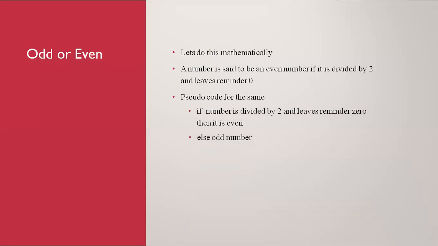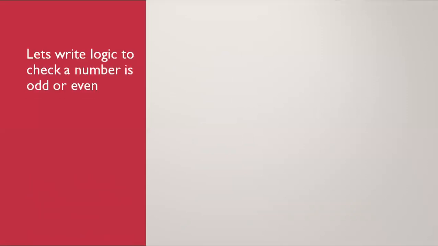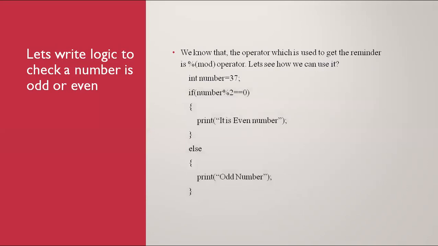Let us get into how we're gonna write a program for this. Let's write the logic to check whether a given number is an even number or an odd number. We all know that if you want to find a remainder after integer division, we use something called the mod operator.